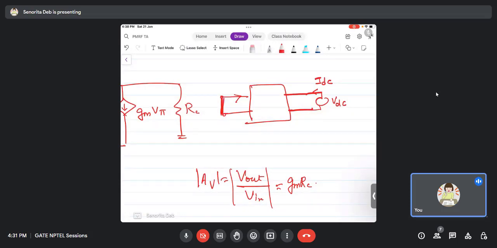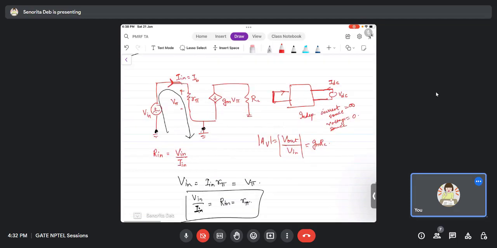If there is an independent current source, it is open circuited, that is infinite resistance, and a voltage source is 0. VDC by IDC will give you the output resistance, which is nothing but the Thevenin resistance as well.